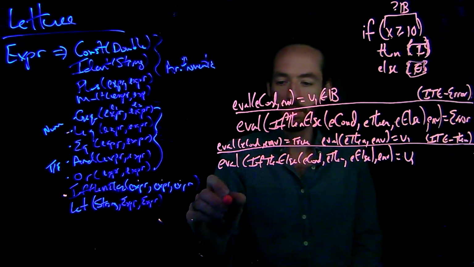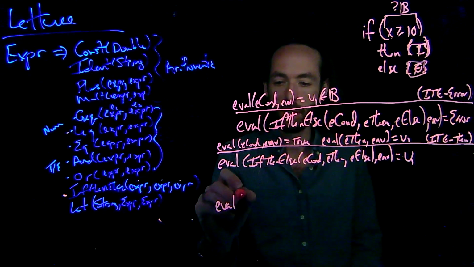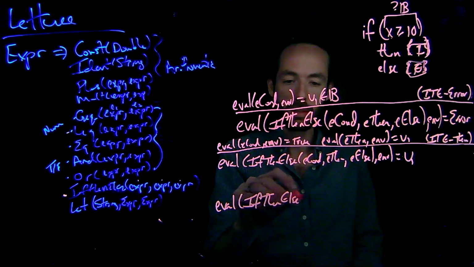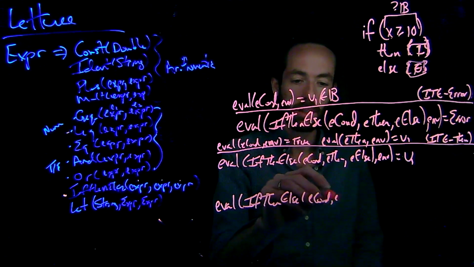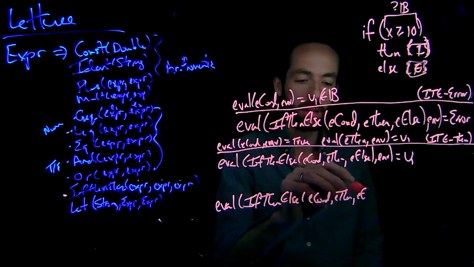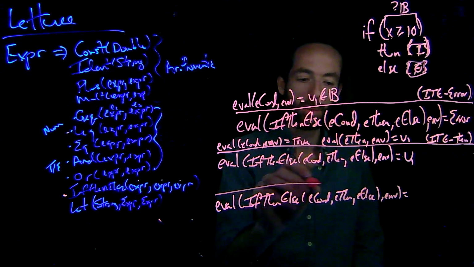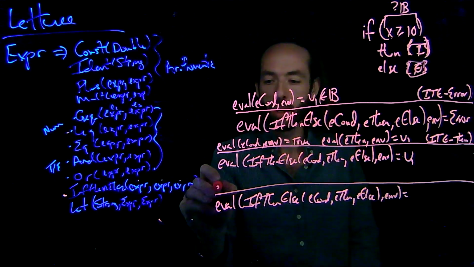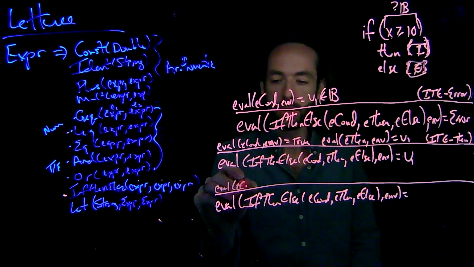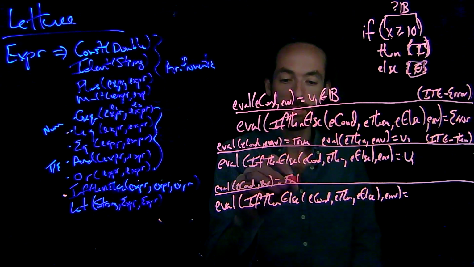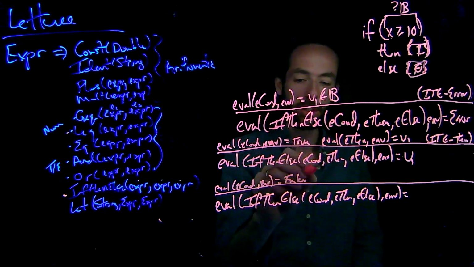So obviously this leaves the final rule. If then else on E condition, E then, else under the environment. And what should we do? Well, we want to make sure that our condition is false, at which point we should be going down our else branch.